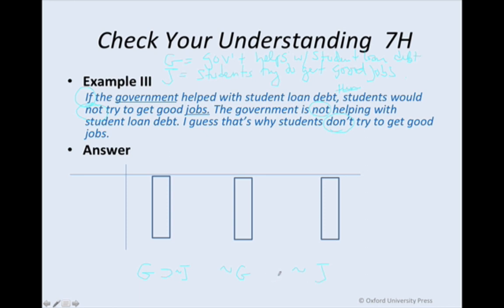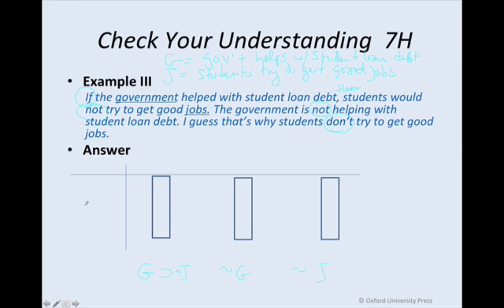Now, I think it's pretty clear that the last sentence is the conclusion. There's an inferential flow from the first two to the third sentence, even though we don't have any indicator words to help us. As you read the argument, the cadence of the argument, the flow of the argument leads us to it's not the case that students try to get good jobs as the conclusion.